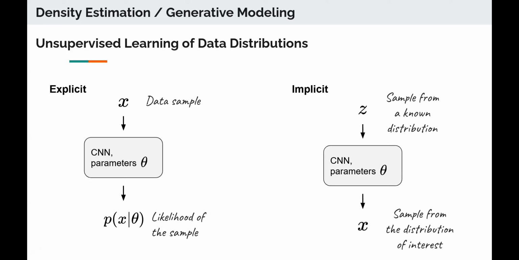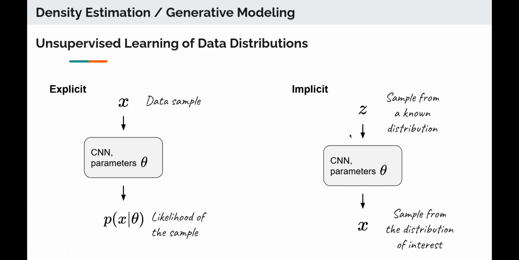And then the other way of unsupervised learning of data distributions is an implicit way, meaning we never have a function like this, we never have a quantification of the density function. What we have instead is a mechanism where we can feed in some vector which is sampled from a known distribution.